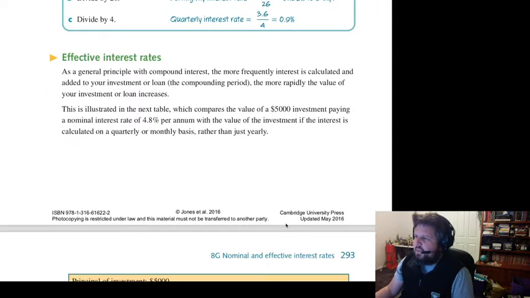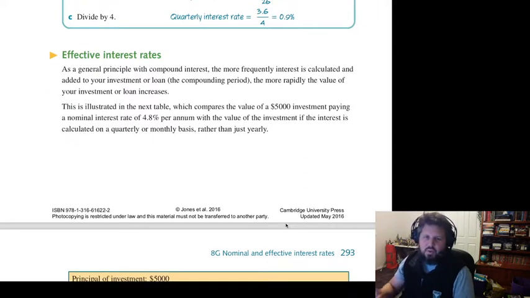The next thing we need to chat about is what's called the effective interest rate. With compounding interest, the more often interest is calculated or added to your investment or loan, the more rapidly the value of your investment or loan increases.